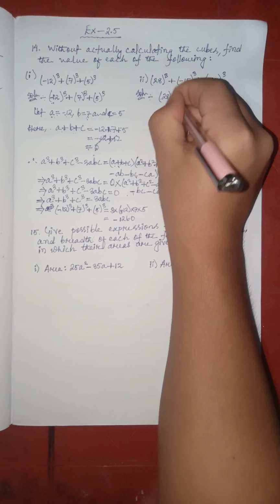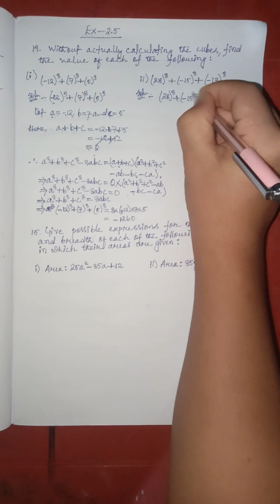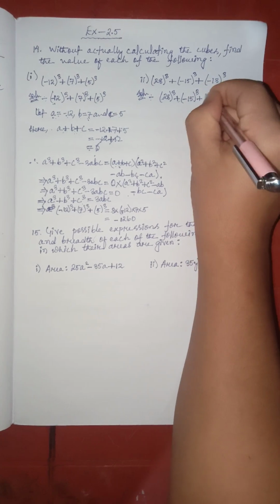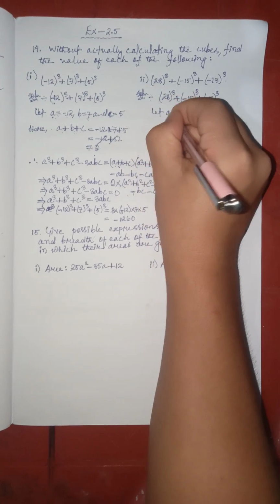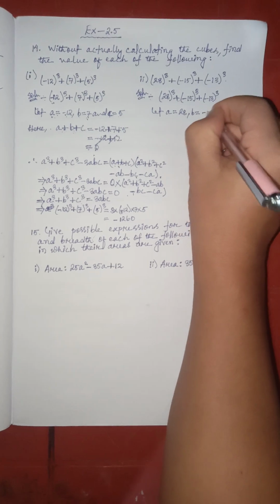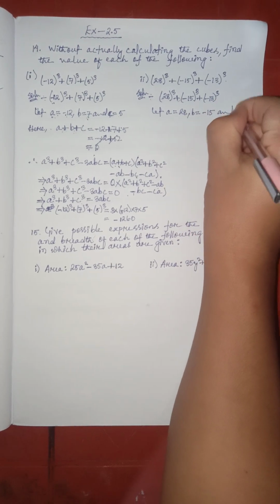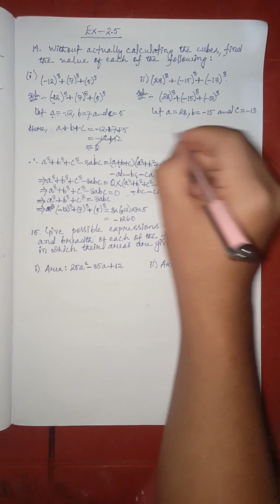It will be 28 cube minus 15 cube plus minus 13 cube, right? And let a be 28, b be minus 15, and c be minus 13.